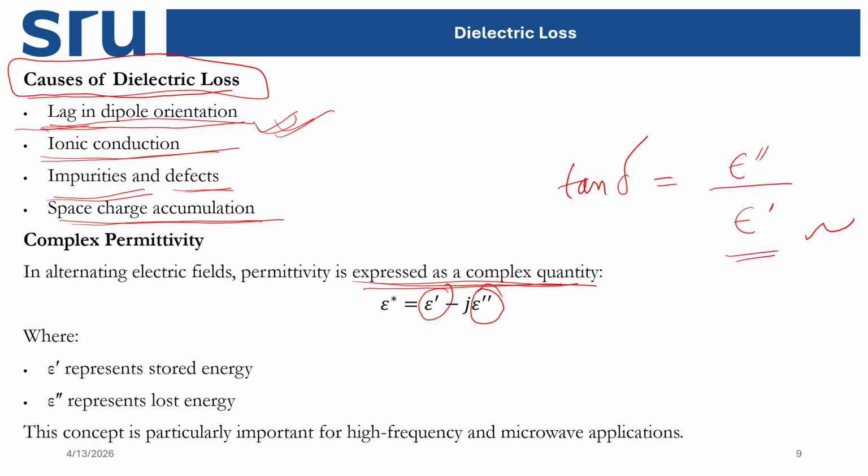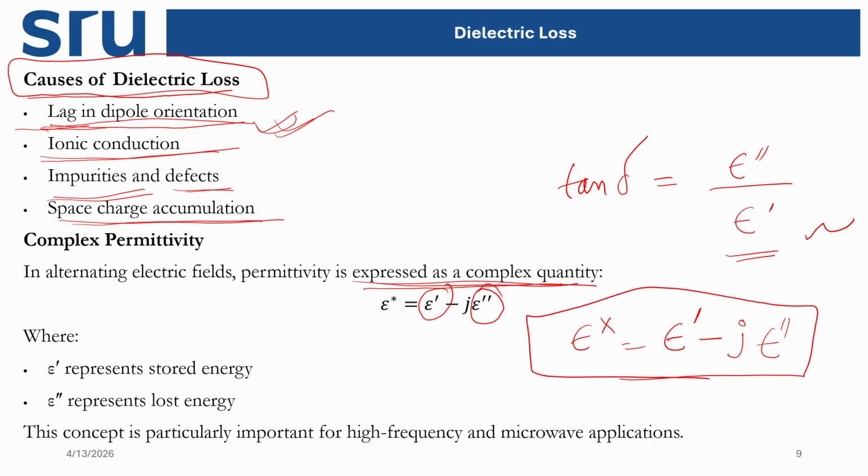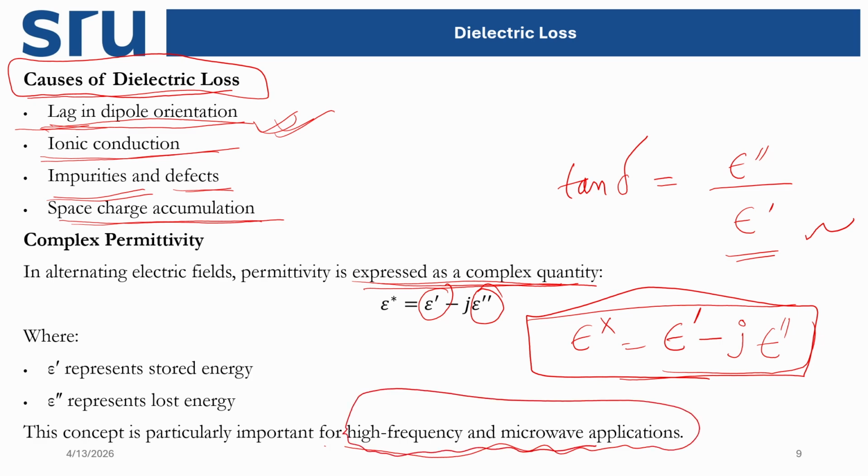Now we represent it as a complex number: epsilon star equals epsilon prime, which is how much energy is stored, minus j epsilon double prime. This is called the complex permittivity of the substance. This is very important because for high frequency and microwave applications we get different properties for these materials.